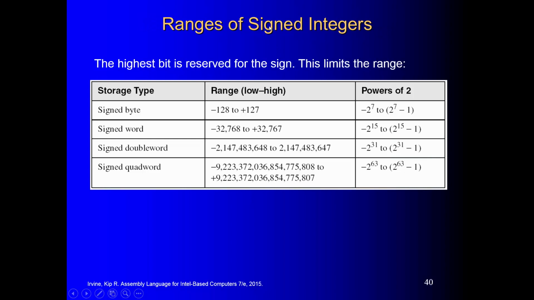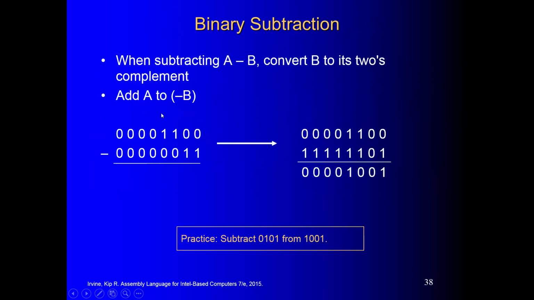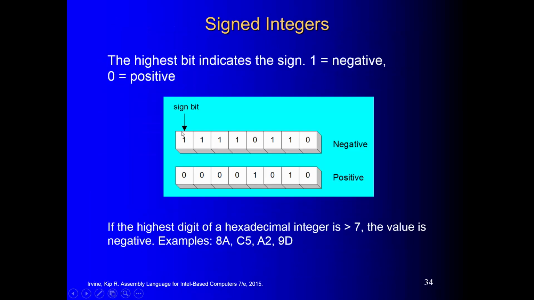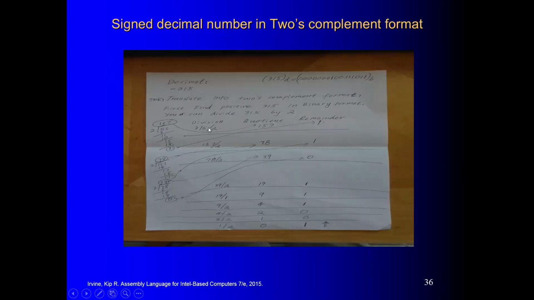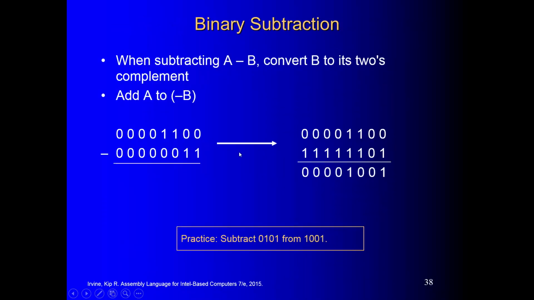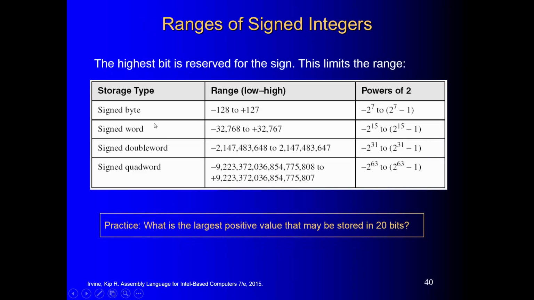Ranges of signed numbers. If you have a byte of 8 bits, you have to use the most significant bit for sign. Let's go back to the previous slide. So if you use this for your sign bit, you can only use 7 bits for magnitude. So the range of a signed number is going to be smaller if you want to store it in a byte.